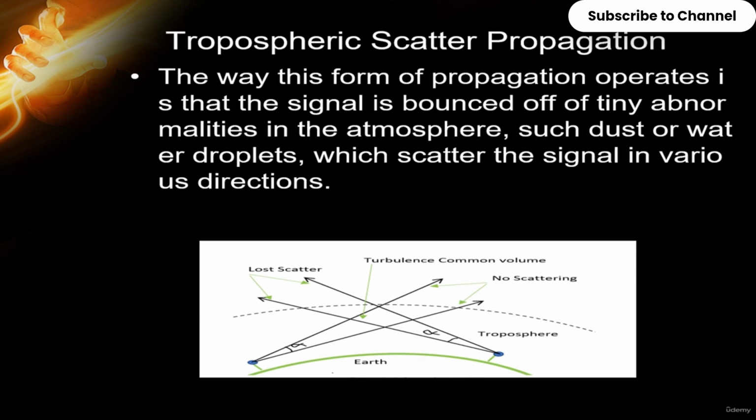In this transmission, it operates using the bounced space of the atmosphere, like dust or water droplets, which can scatter the signal in various directions. So in wireless communication, there are various radio wave propagation modes in the troposphere, especially in tropospheric transmission, like longest distance communication, or it can be used to communicate without obstructions above the earth's surface.